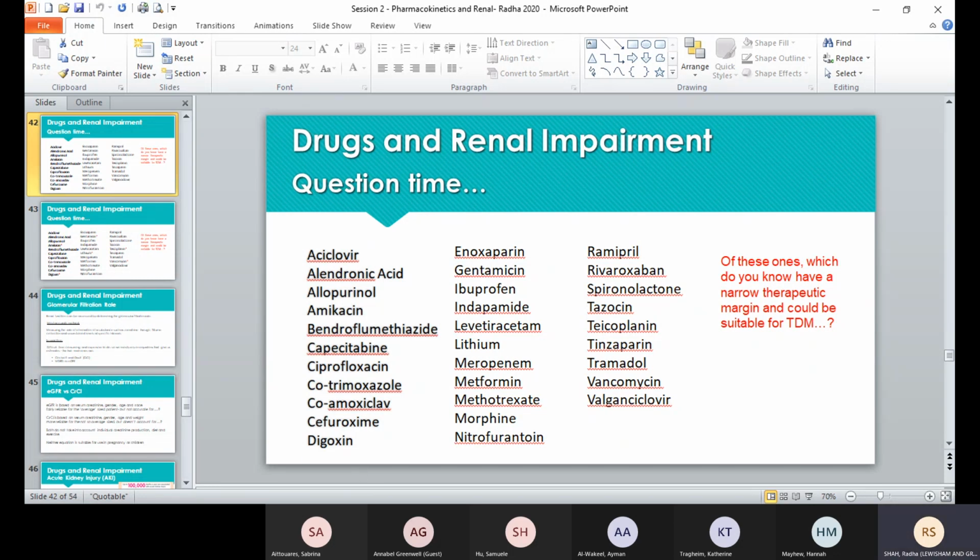Any of them need therapeutic drug monitoring? Yeah, gentamicin. Lithium, yeah. Digoxin, yeah.